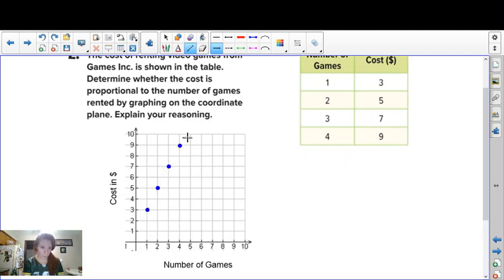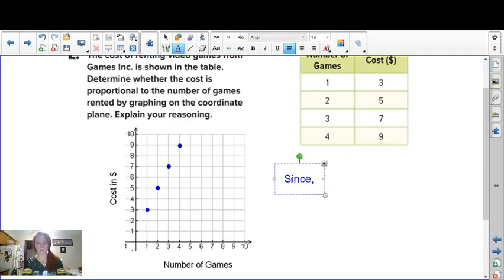That's not what I want to do. I can't hit my dots. And I can tell you that it's not because I put them in the wrong spots. The reason I can't hit my dots is because this isn't proportional.